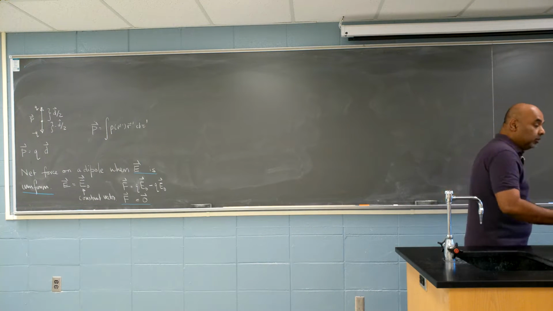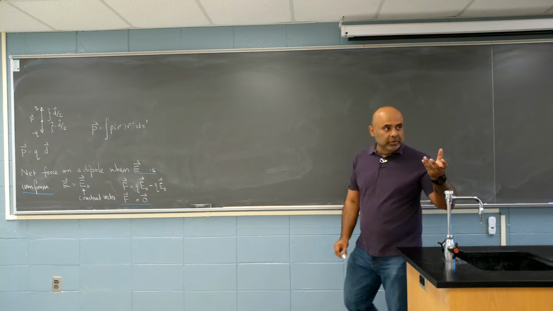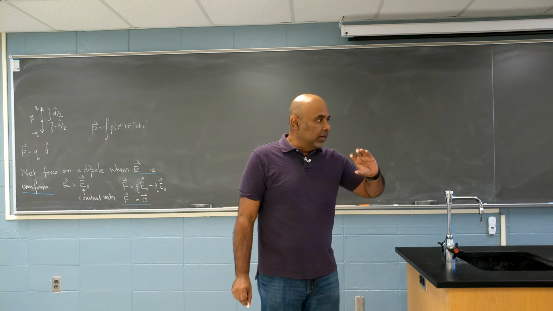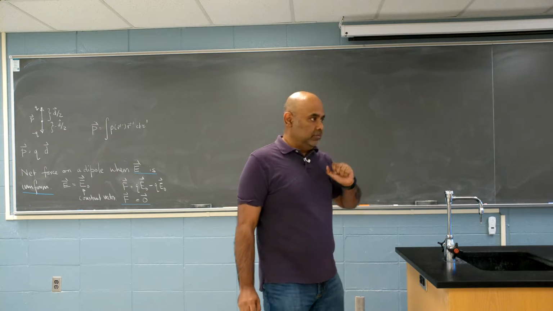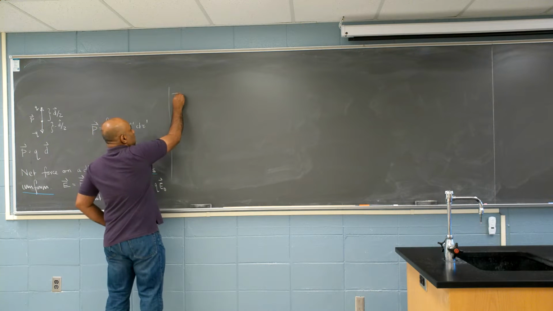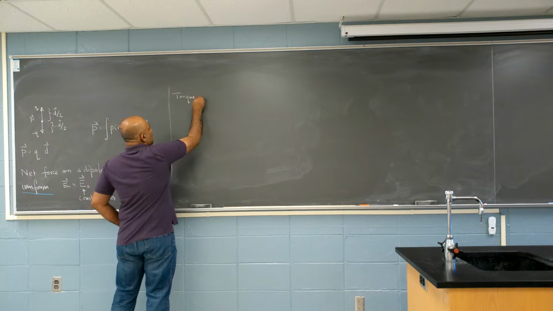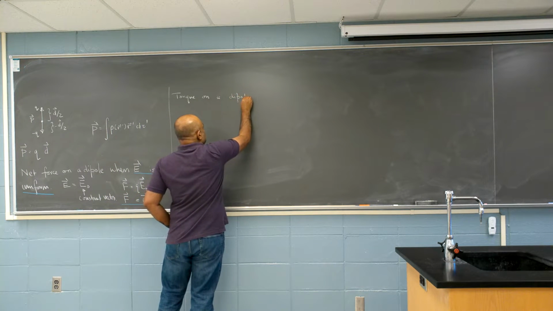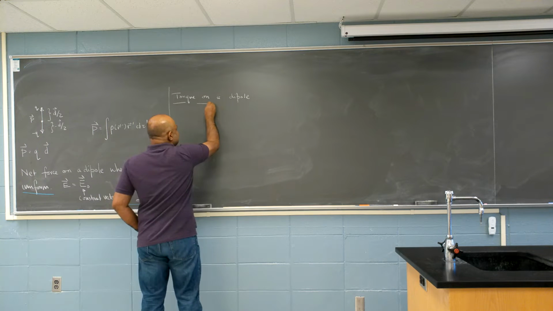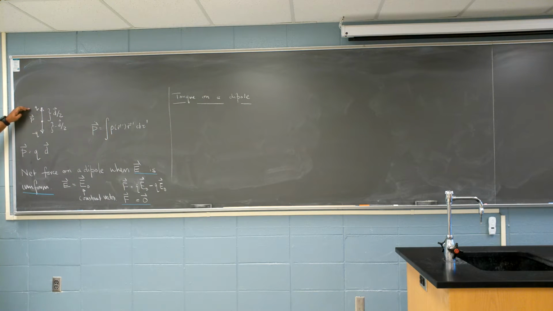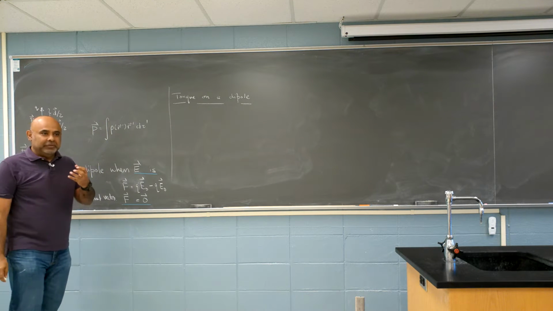Now let's talk about torque on a dipole. You may not be able to exert a force on it, but you can actually rotate it. Now, viewing a dipole like this, plus Q and minus Q, that is a physical dipole.